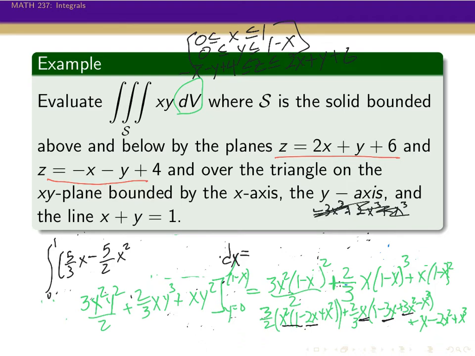And then for x to the 4th, I have 3/2 x to the 4th coming from here, minus 2/3 x to the 4th, and that's all the x to the 4th. So 3/2 minus 2/3 is 9/6 minus 4/6, which is 5/6.